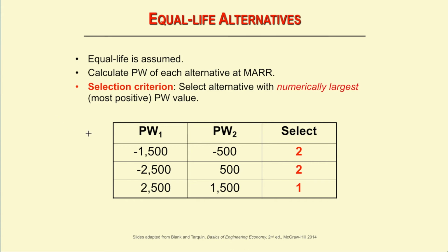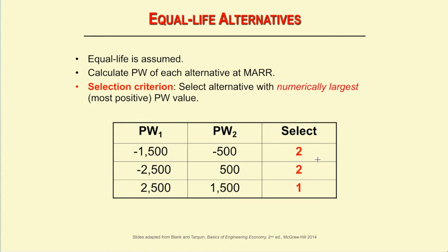In the following examples, we have the present worth values of two different alternatives. In the first example, the present worth value of the first alternative is negative 1,500 and the present worth value of the second alternative is negative 500.